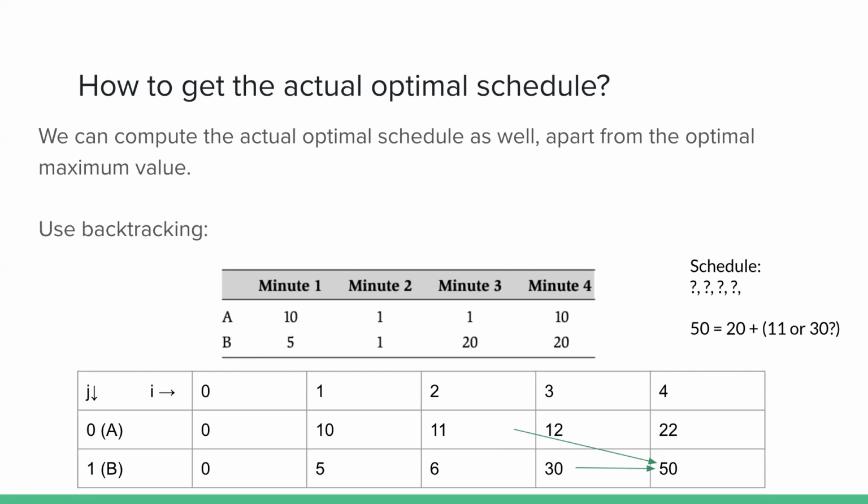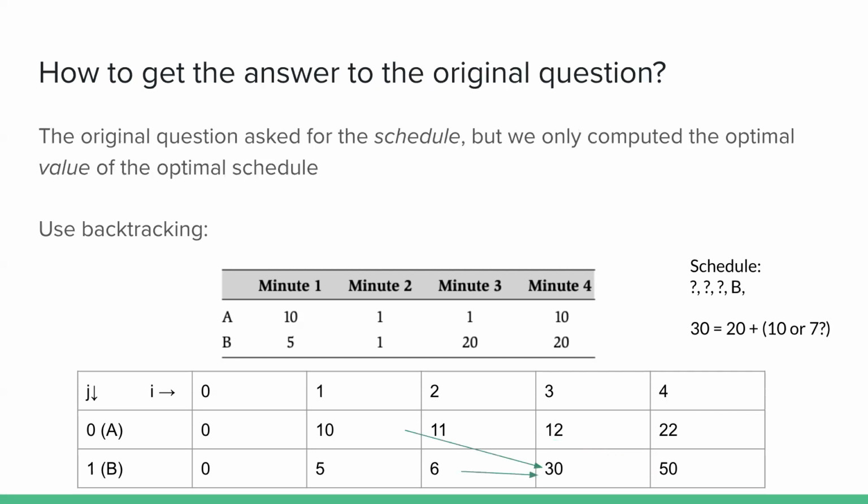If both of them can give you 30, then you can choose either of them; both should give you the correct value. And after you choose opt of B3, you look at which one of opt of A1 or opt of B2 will give you that value. In this case, it turns out to be opt of A1, and then you just backtrack all the way to the back, and you get to 0. So that will give you the schedule.